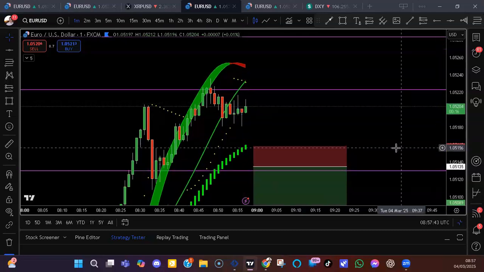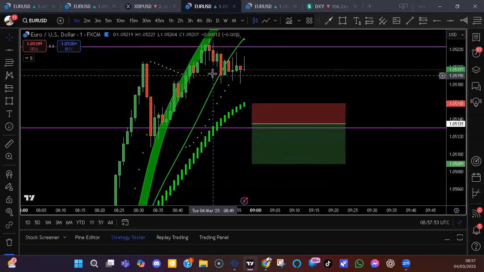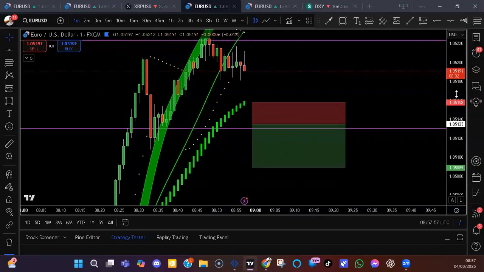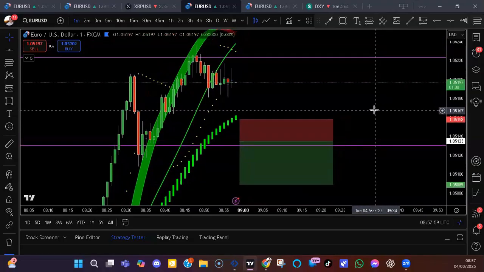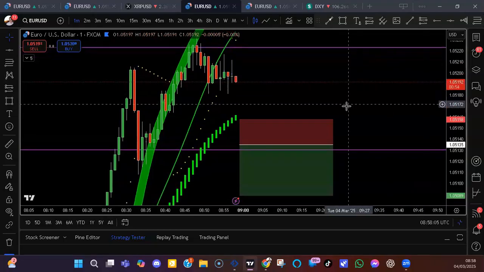But it's getting to 2 minutes to 9 now. Indeed, price is leveling off, maybe just being cautious and waiting for that Greek and Italian news to filter through.